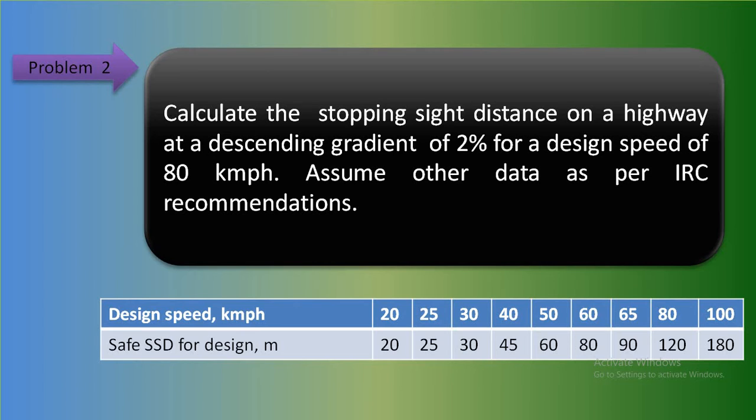If the speed is maximum and our stopping sight distance is less, at that time we cannot control our vehicle, it may skid. So that's why we require maximum length depending upon speed, according to the IRC recommendation. So guys, this is the problem we will solve.